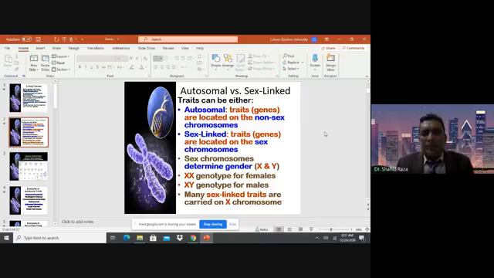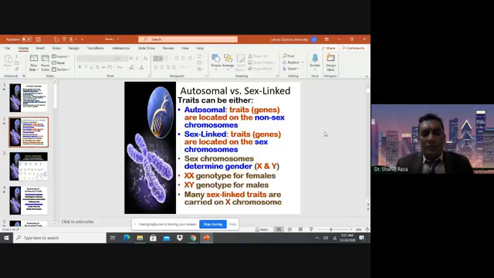Autosomal means traits or genes that are located on the non-sex chromosomes. Genes located on the sex chromosomes are called sex-linked.